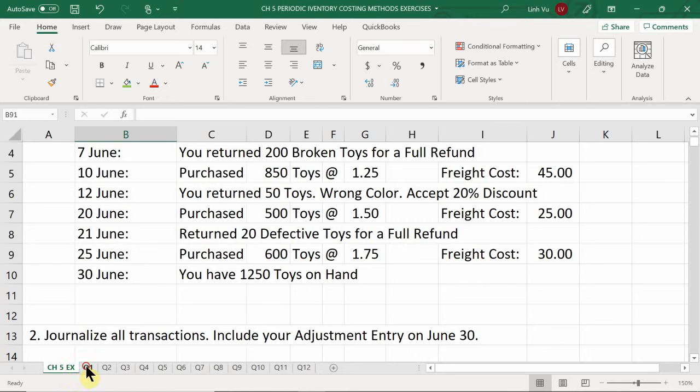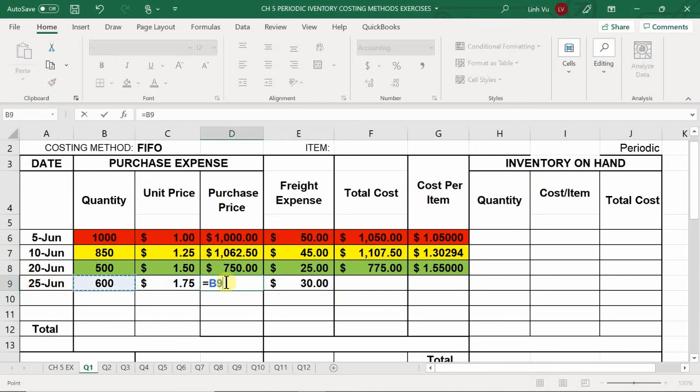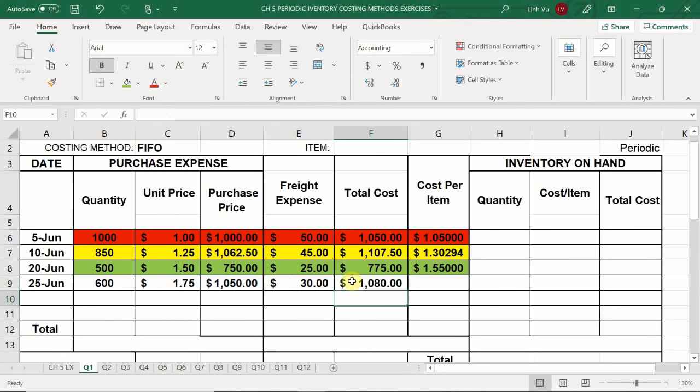Okay, so plug that into my inventory worksheet. 600 at $1.75 with a freight of $30. So once again, that makes it 1050 plus 30, 1080.